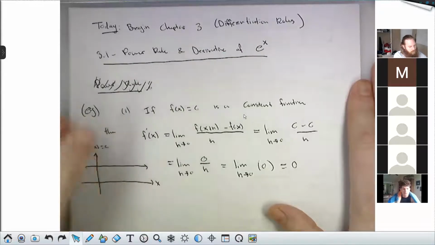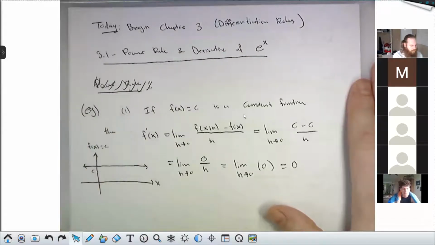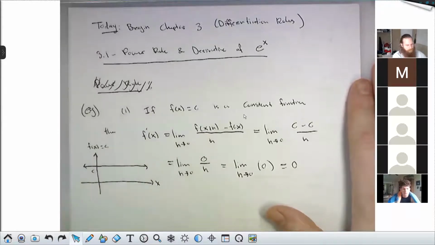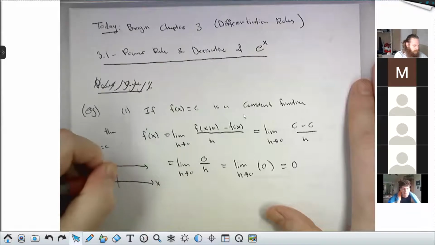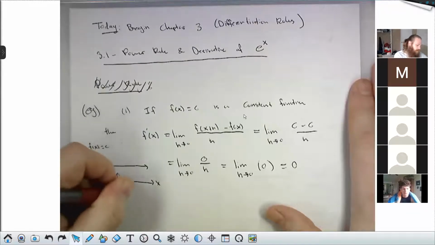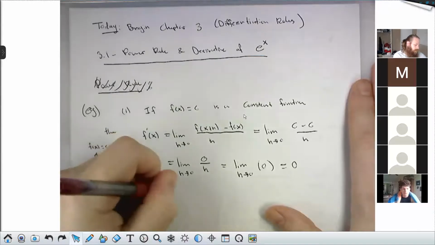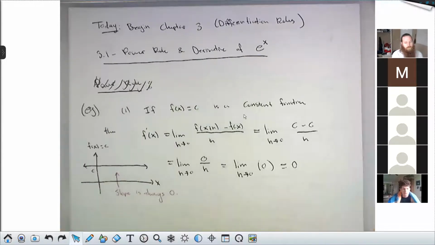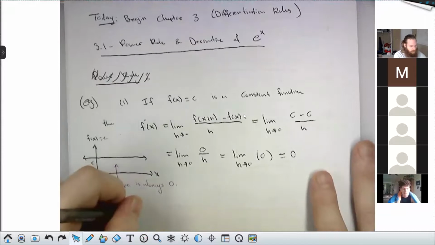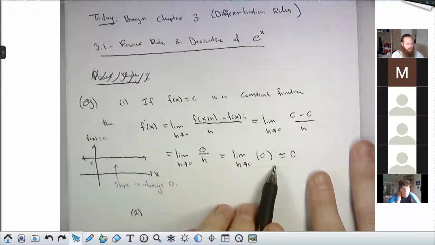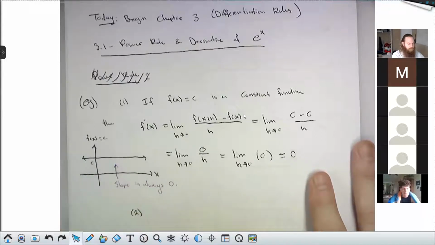Here's my x-axis, here's this guy. So the slope is always 0, no matter where you look. So indeed, the derivative of a constant function is 0. And you can get there by a raw calculation like this, or you can get there by thinking about the graph like this.